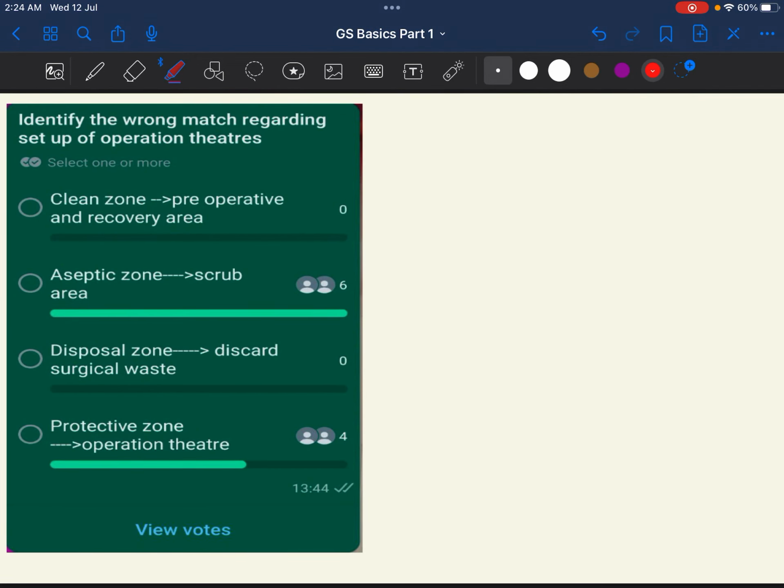So the next question is, identify the wrong match regarding setup of operation theatres. The standard guidelines regarding the construction of the OT complex have divided the OT complex into 4 zones.